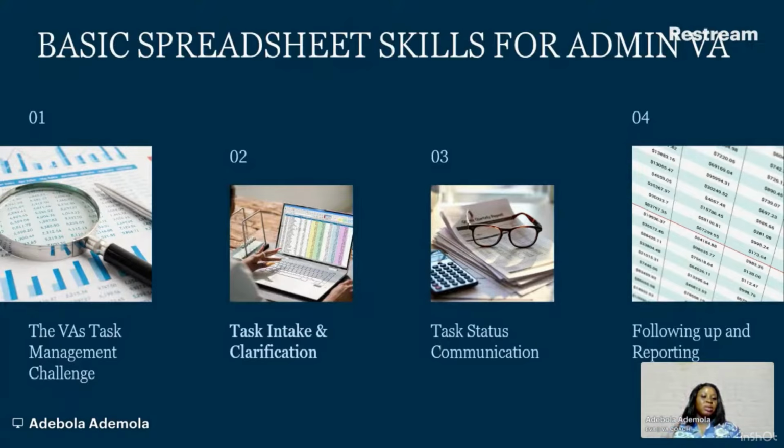Then there are tasks that are urgent but not important. If they are urgent but not really important, you can just delegate those kinds of tasks out. Then there is not urgent and not important. Those are time wasters. You just delete them.